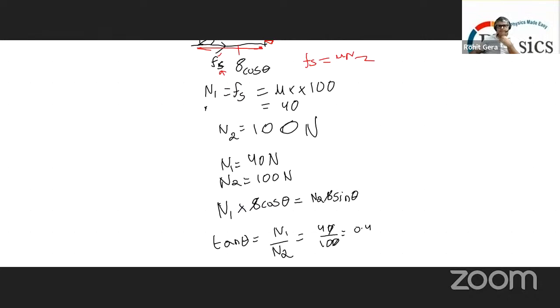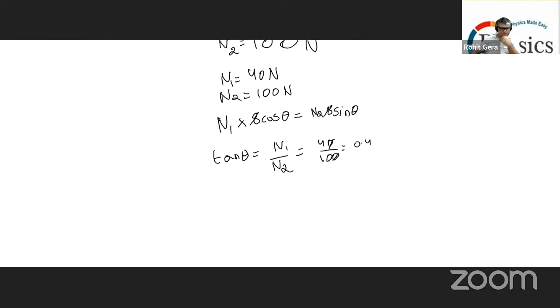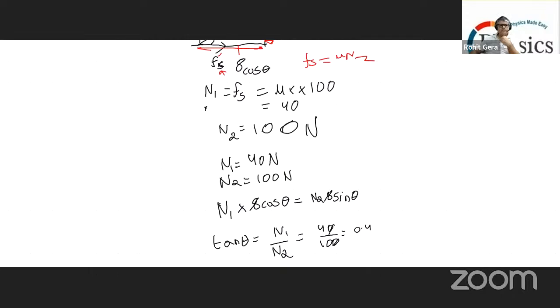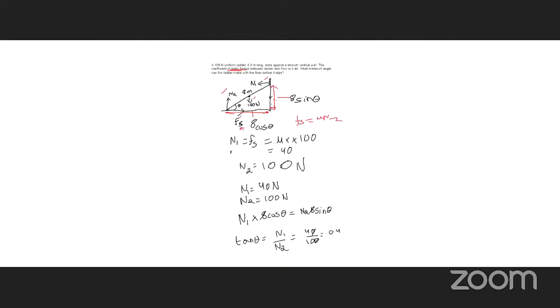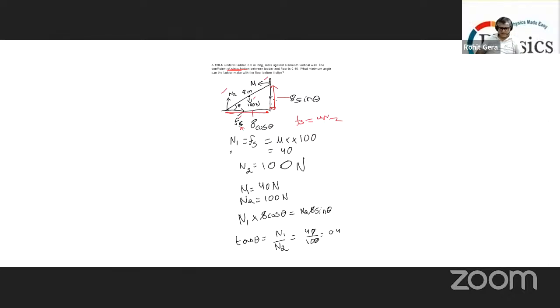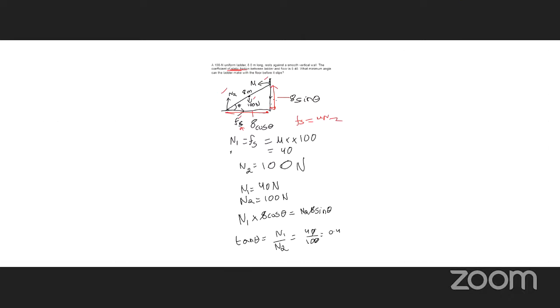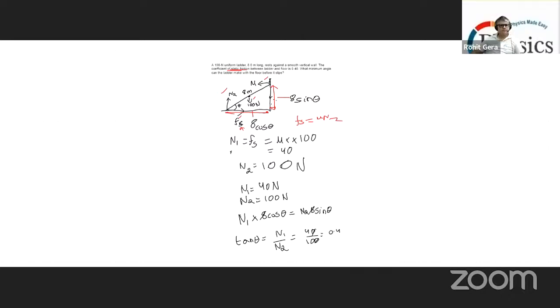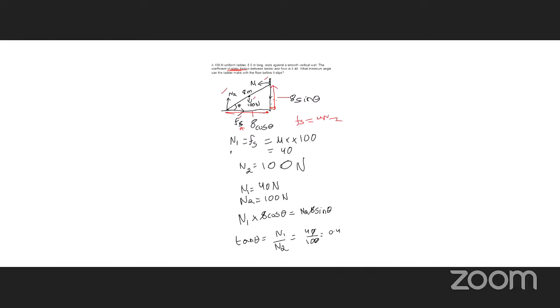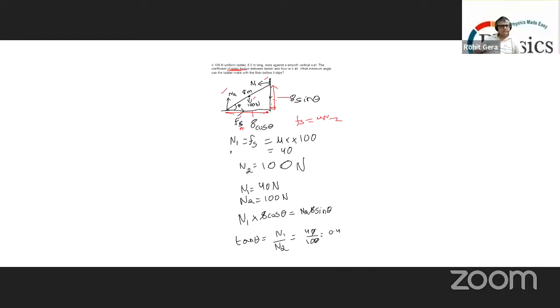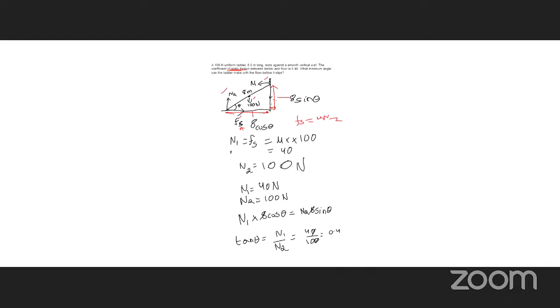Okay, you can see the table of tan and find the angle. Tan theta is equal to 0.4. I got the NASA one. It is 0.4, right?